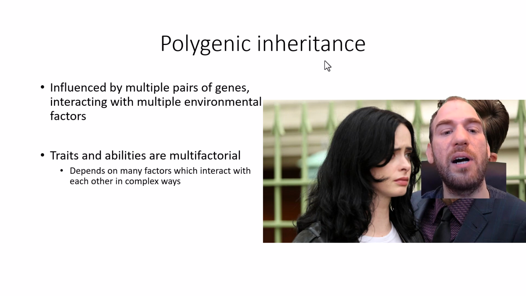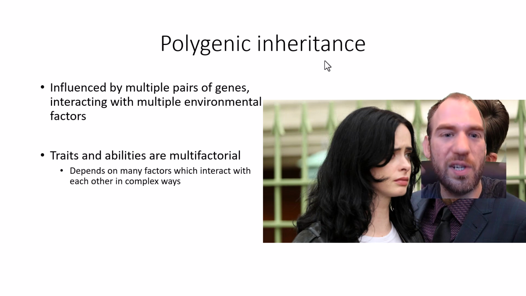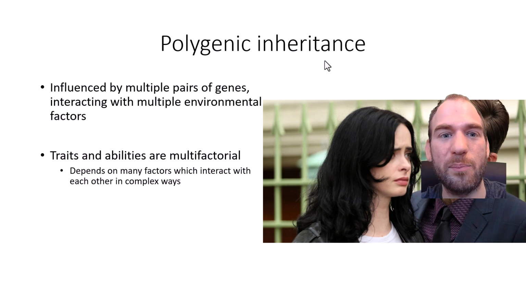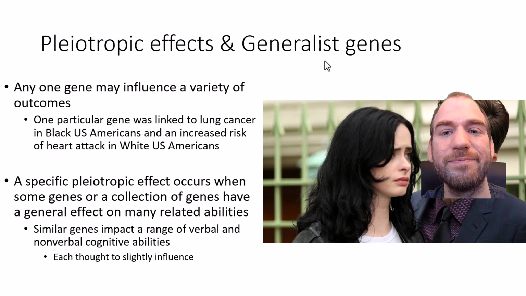That is, they depend on many factors which interact with each other in complex ways. This just gives a term to the concept we were just going over, wherein a lot of genes work together with a lot of different environmental factors, going back to that Bronfenbrenner model, interacting in very complex ways to influence developmental outcomes.